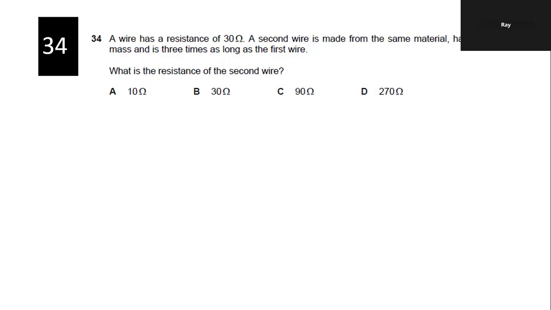Calculate for the first wire first. Use the resistivity formula. After that, since the area is not given, use the fact of same mass.